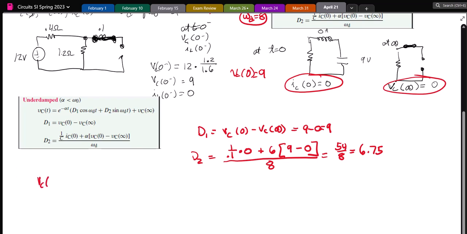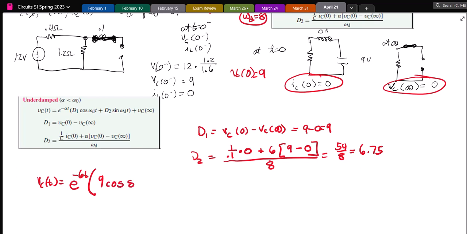So then VC of t equals e to the minus 6t, 9 cosine 8t plus 6.75 sine 8t, plus VC at infinity, which was 0.